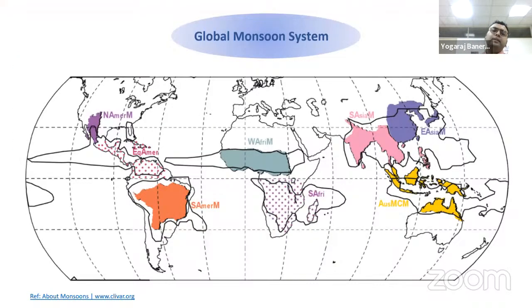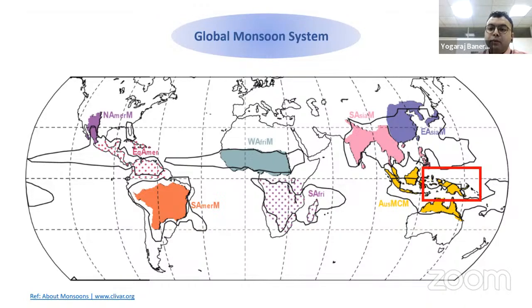When we are thinking about the global monsoon system, it has different components. Different subsystems operate under the global monsoon system, as shown through the different color index in this map.